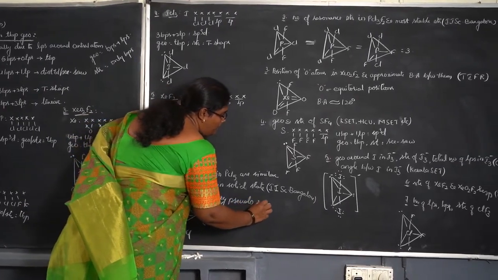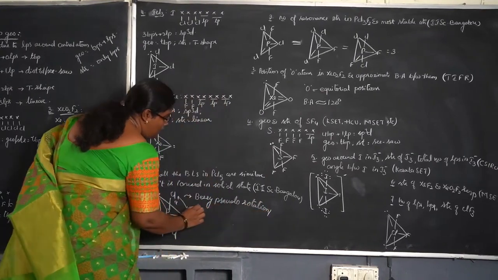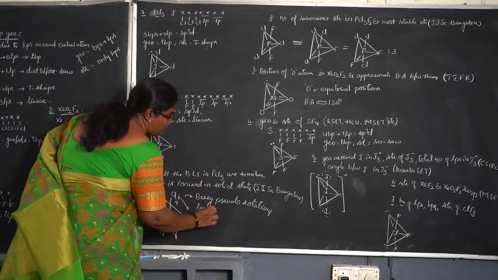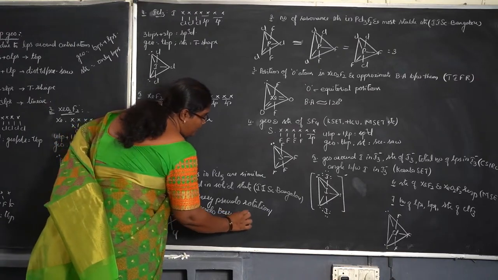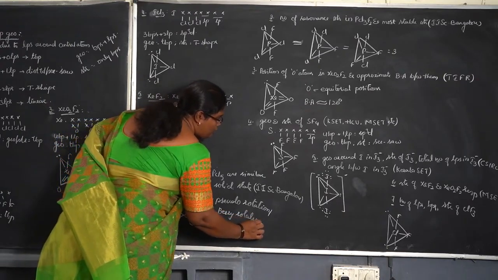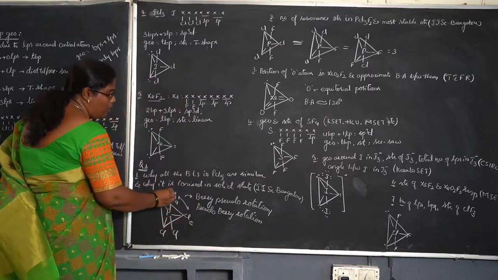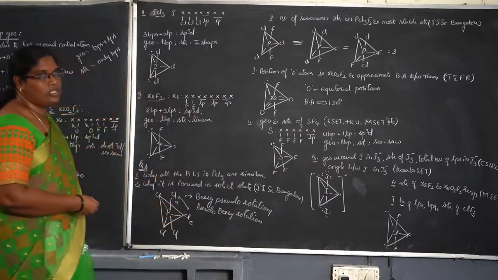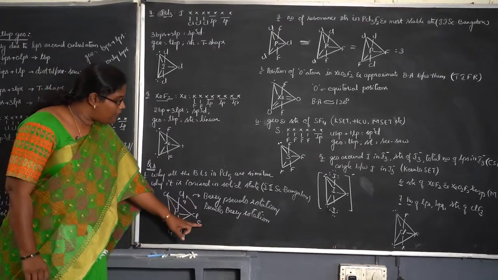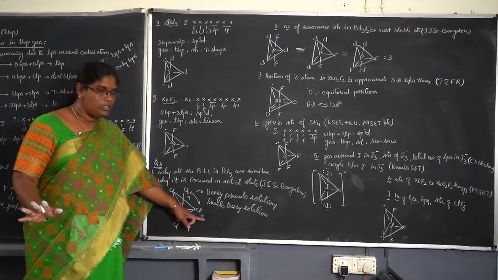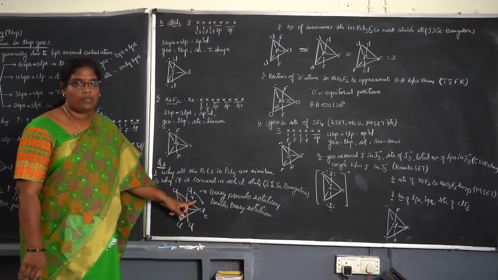Berry pseudo rotation, or we often call it pseudo-Berry rotation. Because of this rotation, the apical and equatorial bonds continuously exchange their positions. So the difference between apical and equatorial bonds is lost, so all the bond lengths become similar.